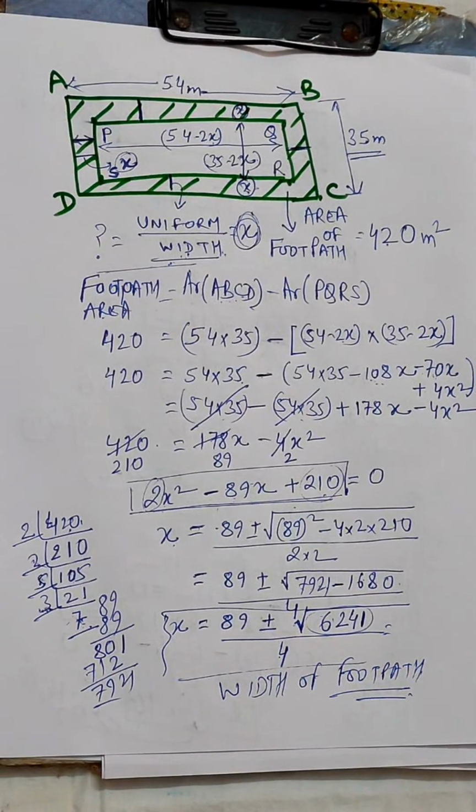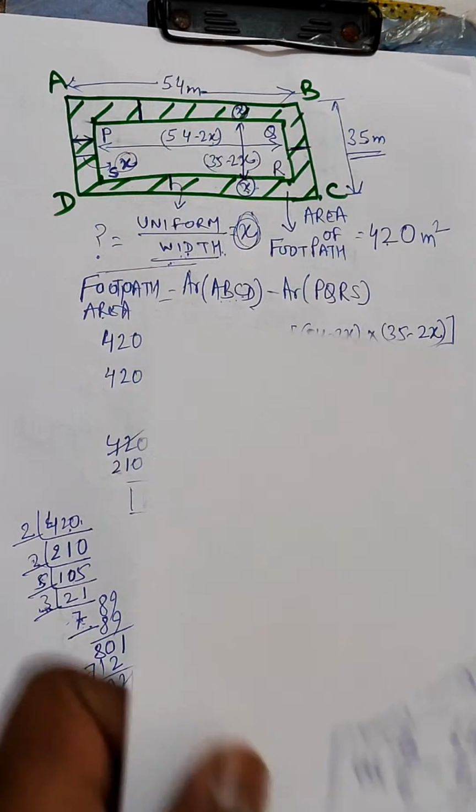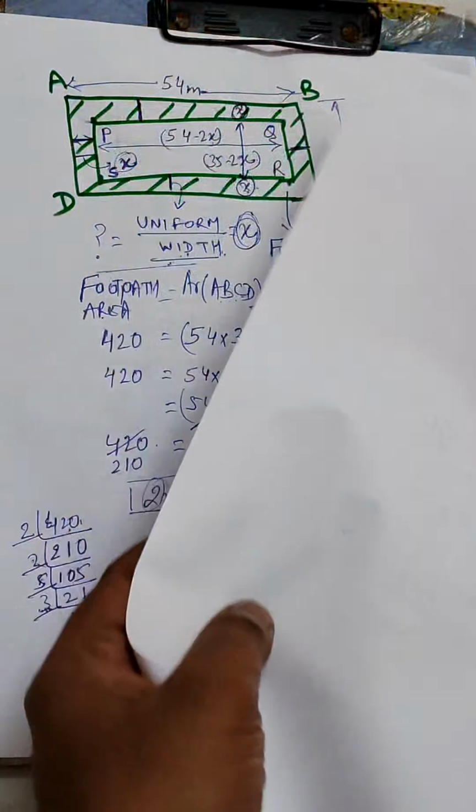Now I am taking another question, from carpet. Okay, let's take another question. In this question, a room is given. A room 4.9 meter long and 3.5 meter broad is covered with carpet.